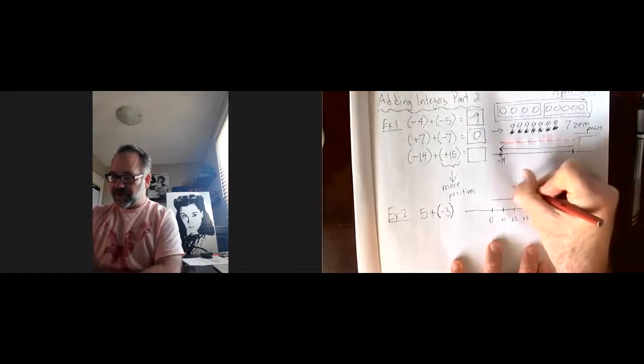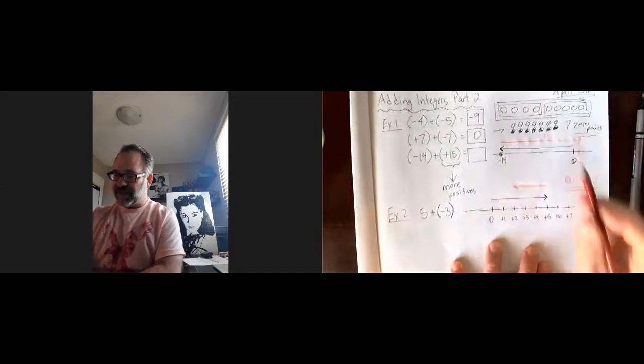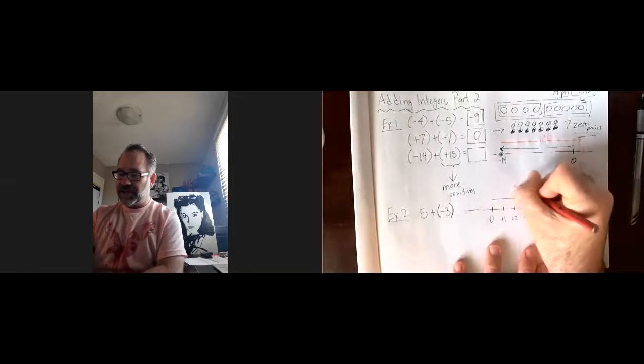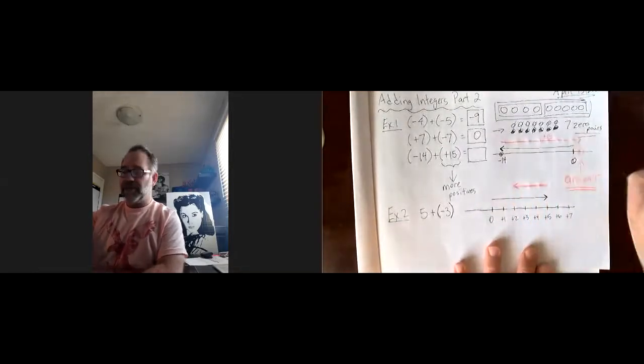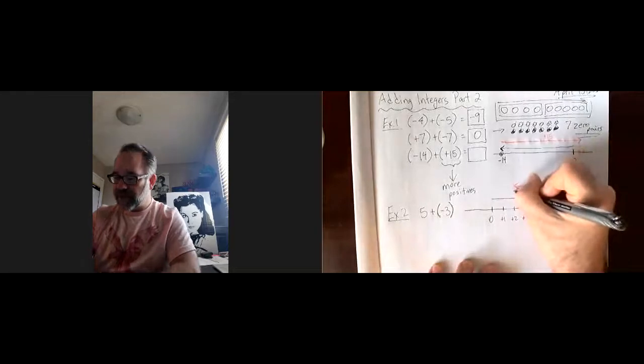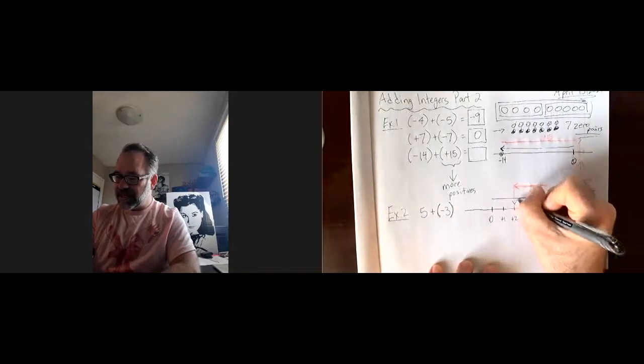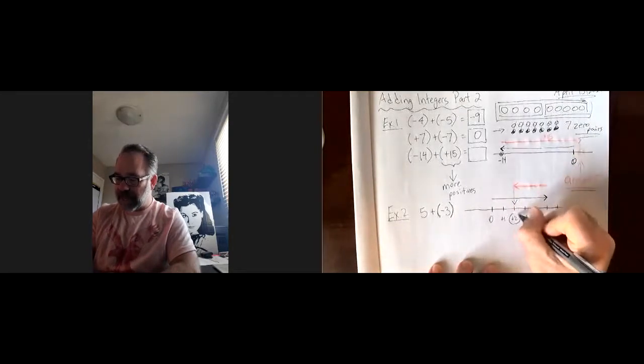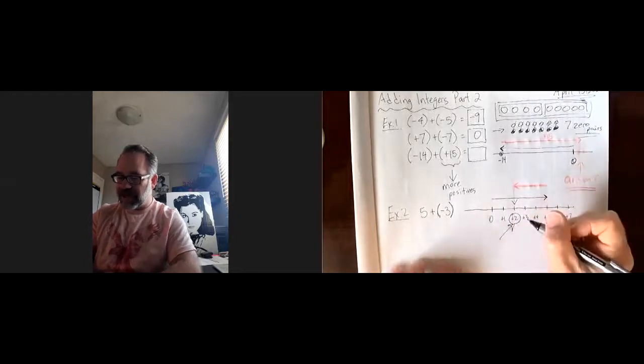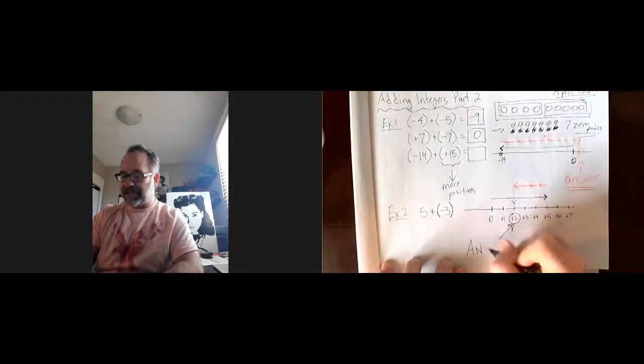Three integers to the left. So this kind of gives you a picture that looks a lot like our integer discs that we're using. Hopefully you can make that red one out. And then wherever that second line ends, at that integer, right there is our answer.